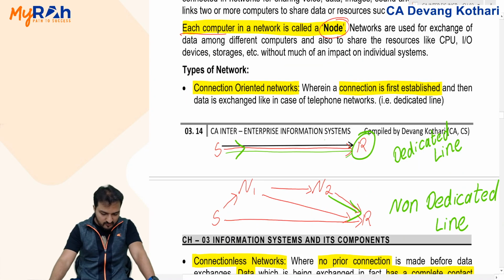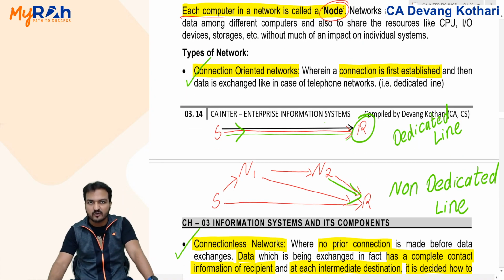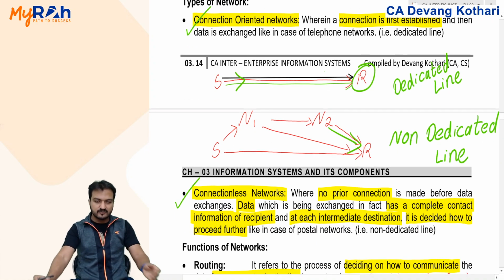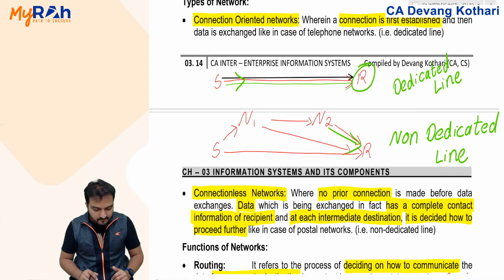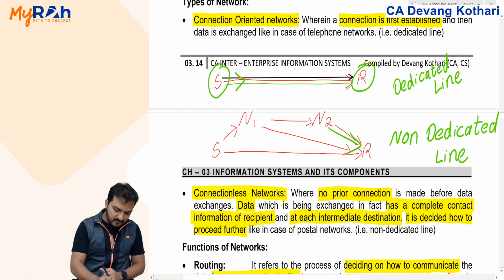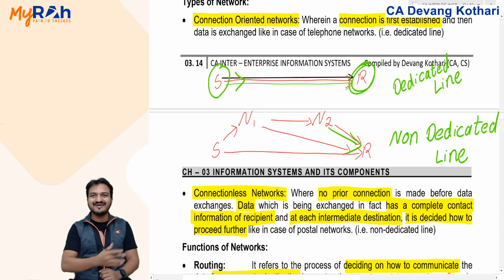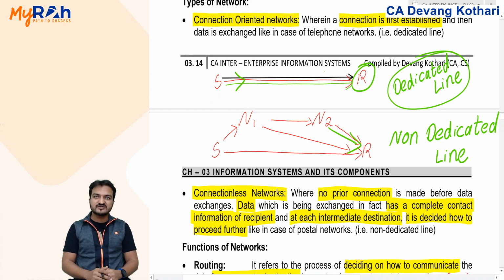Types of network: there can be connection-oriented network versus connectionless network. This was important, and we will see the impact of this discussion later in other topics also. I'll just remind you. Connection-oriented network means that from the sender to the receiver, there is one dedicated line of communication. Connection is first established and then it is always connected.